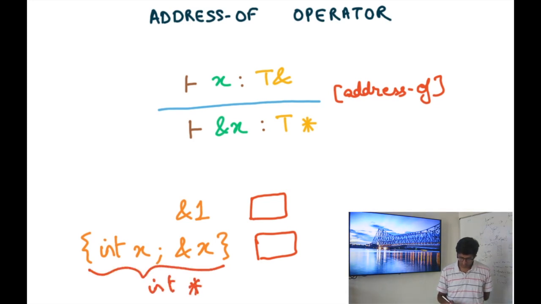So this is type correct based on our address-of rule in conjunction with the sequence rule and the scope rule. But what about &1?